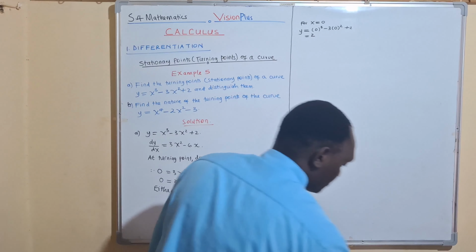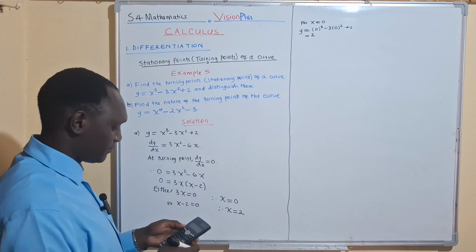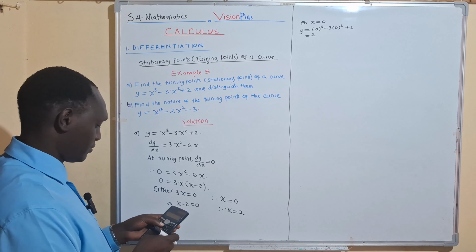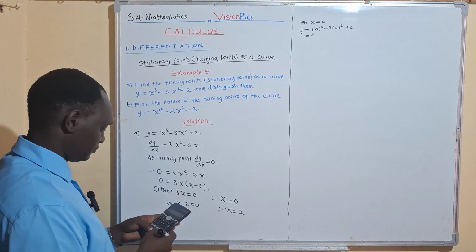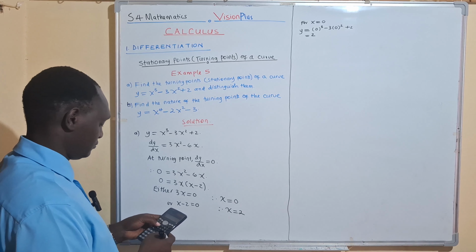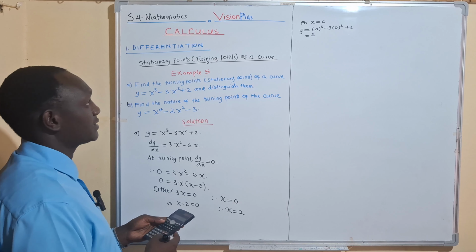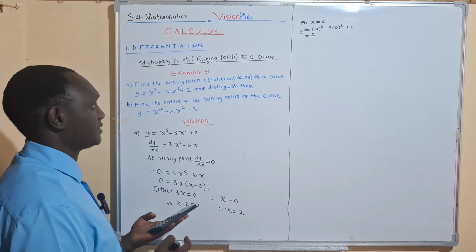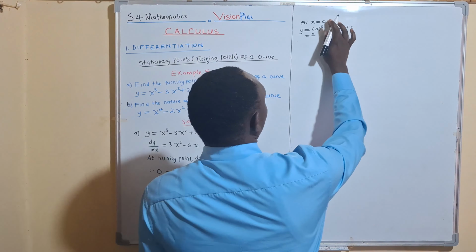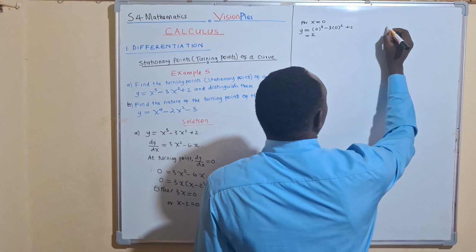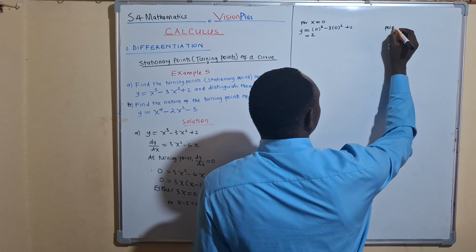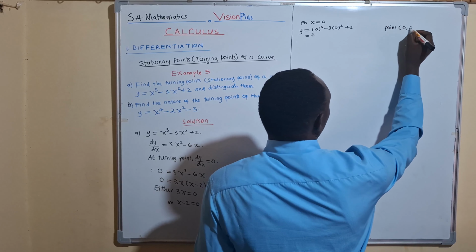Let me use a calculator. Please always use a calculator to avoid errors. Yes, it is 2. So at the turning point when x is 0, y is 2. So the coordinate point at that turning point is (0, 2).